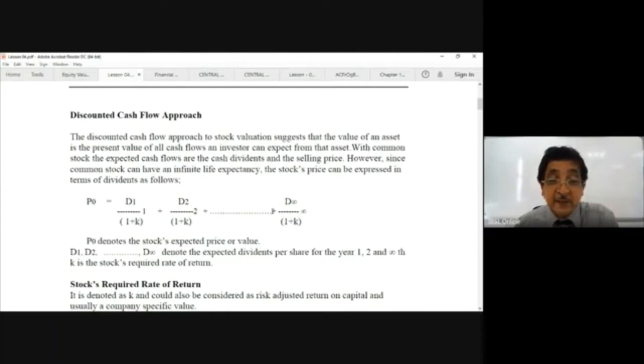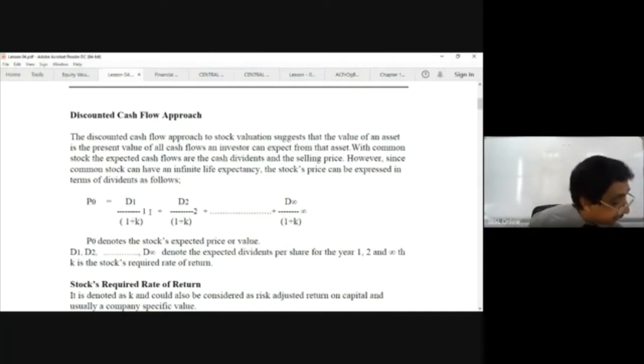There, we have taken the dividend cash flows for each year, for years 1, 2, 3 and so on. At the first year the dividend cash flow is D1. At the second year the dividend cash flow is D2.